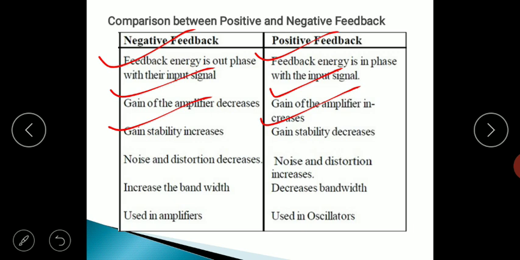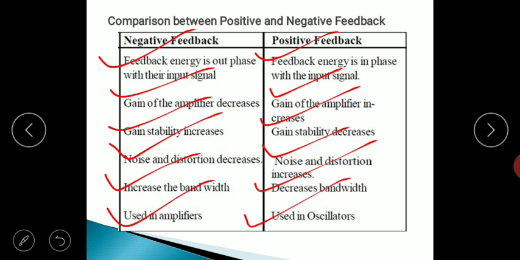Noise and distortion decrease in negative feedback, whereas they increase in positive feedback. Since in negative feedback the gain decreases, there will be an increase in the bandwidth of the amplifier, whereas in positive feedback, since gain increases, there is a decrease in bandwidth. Negative feedback is used in almost all amplifiers, whereas positive feedback is used in oscillators.